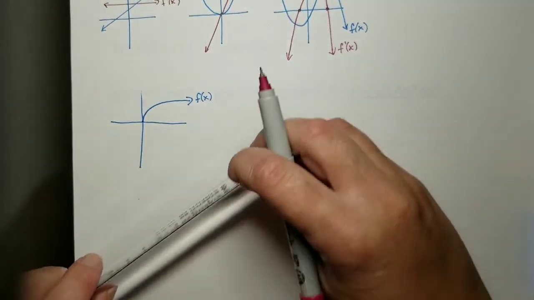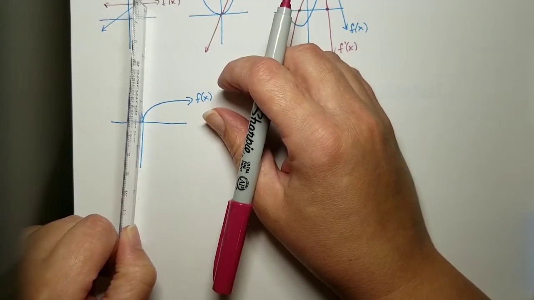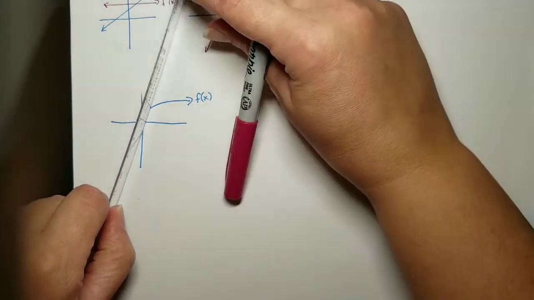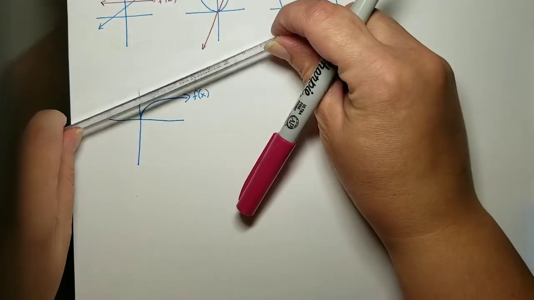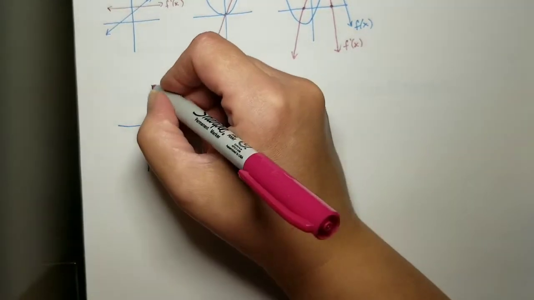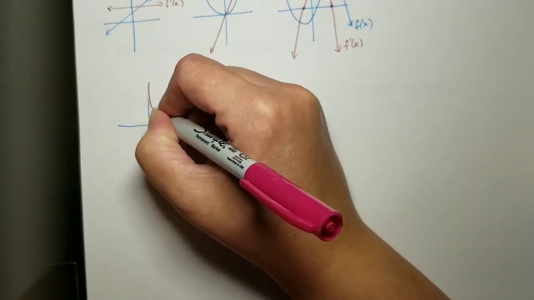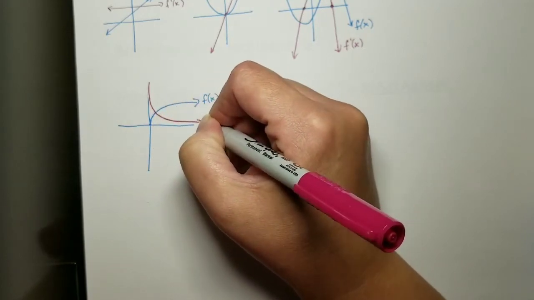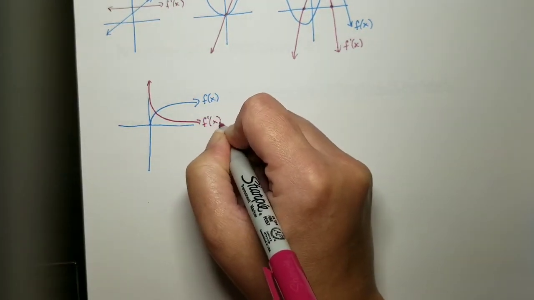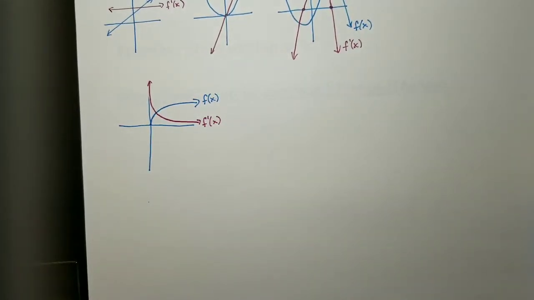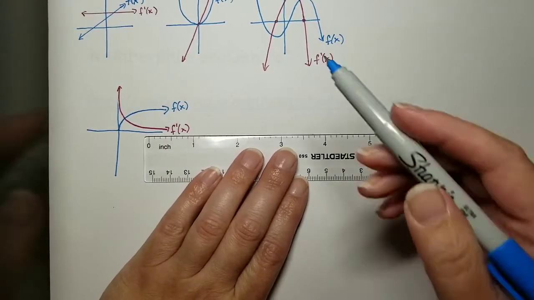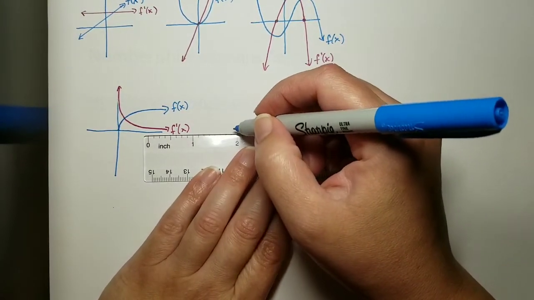Looking at the slope, it would be very big positive close to that 0, and the slope is always positive, but it's getting smaller and smaller and getting closer to 0. So the derivative of this function would be really big positive, getting down to smaller positive, but never going into the negative. So it's got an asymptote there. Some interesting ones. What else can we look at? We can take a look at a rational function.